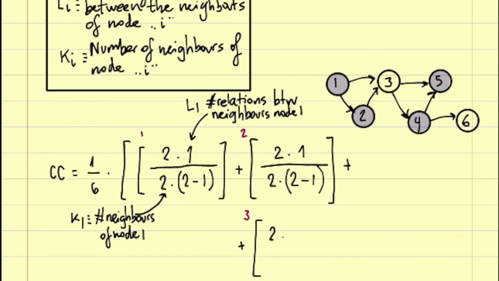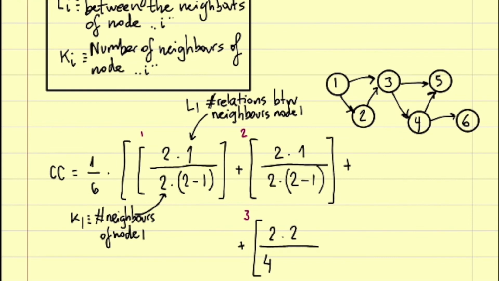What are the number of relationships between the neighbors? 1 and 2. One of the advantages of having the videos is that if you have any questions, you can go and see the video, not only the PDF.